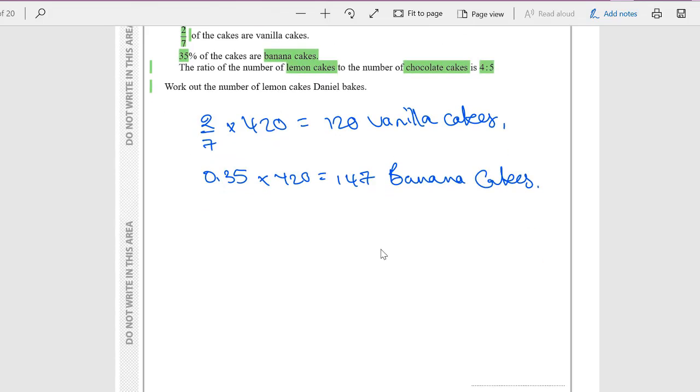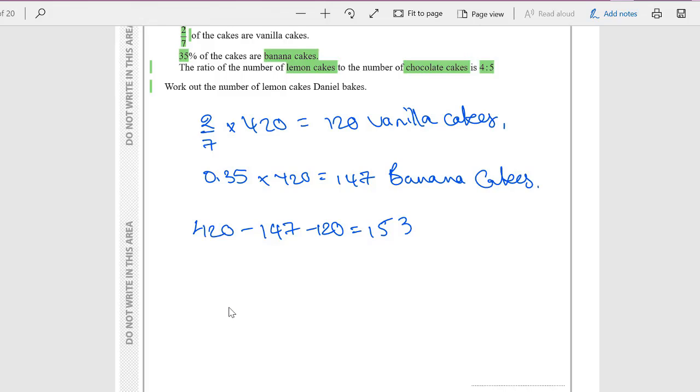And so to find the lemon and chocolate cakes, I'd say 420, which is the total, subtract 147, subtract 120, which gives 153.